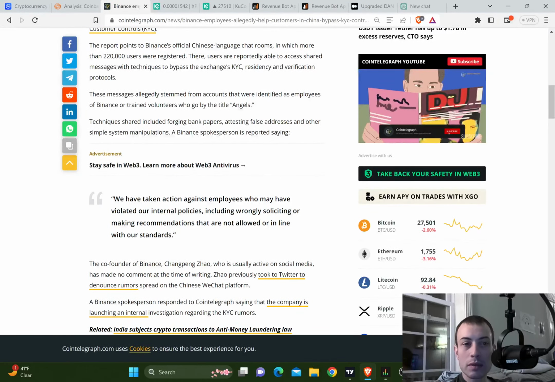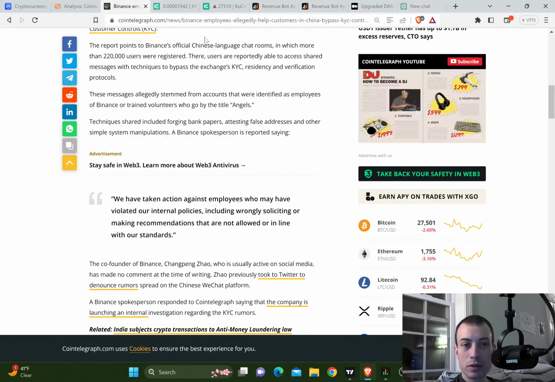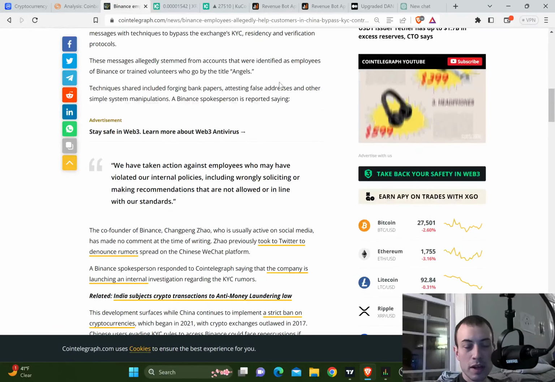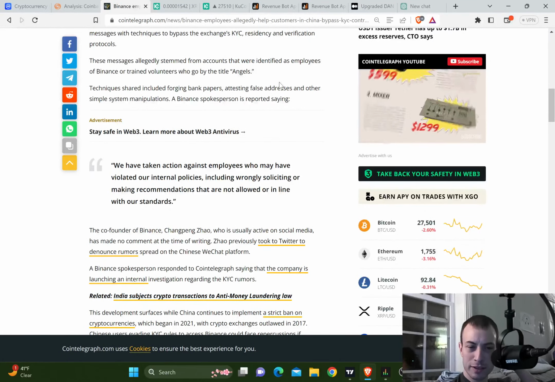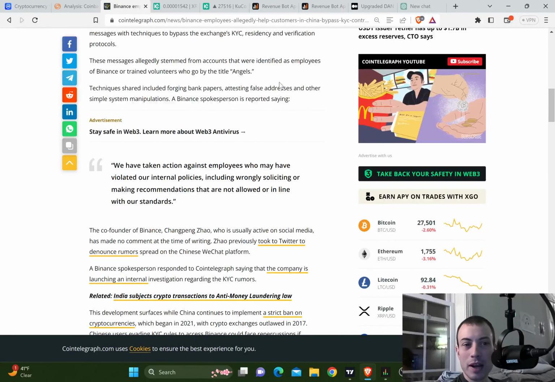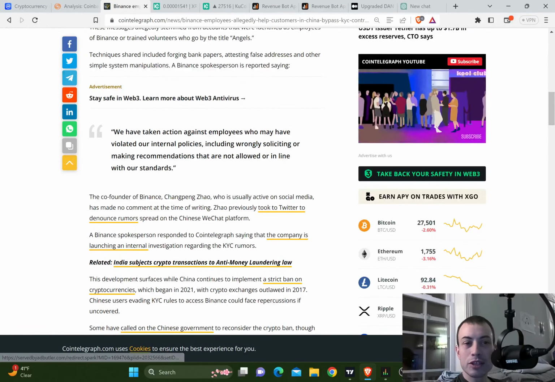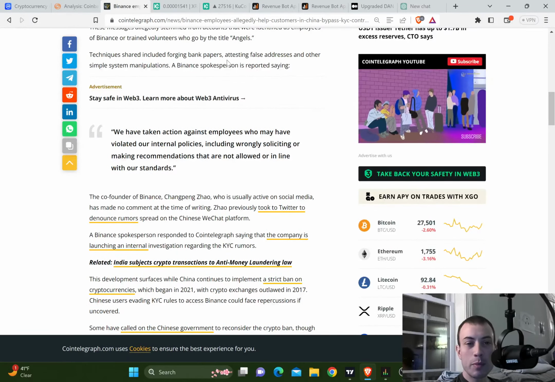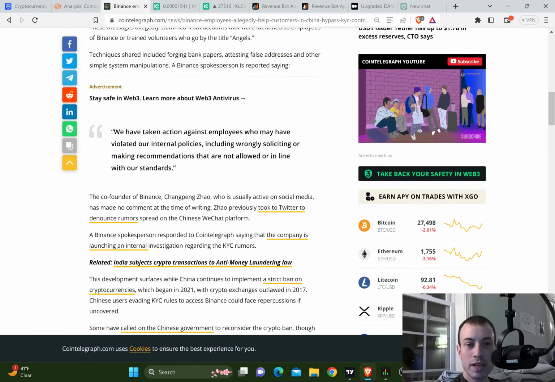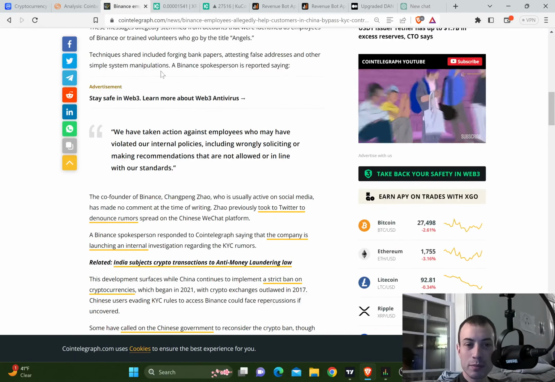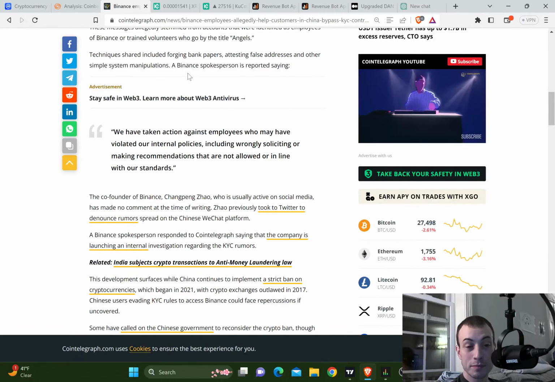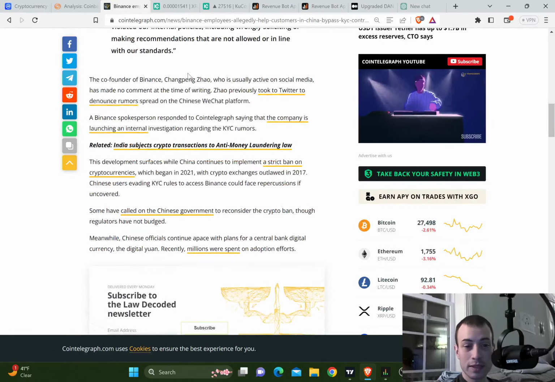Let's see. There's more than 220,000 users registered in the Chinese language chat rooms. I feel like that's kind of low for China. Huh. But anyways, techniques shared included forging bank papers, attesting false addresses, and other simple system manipulations. Yeah, going the distance.